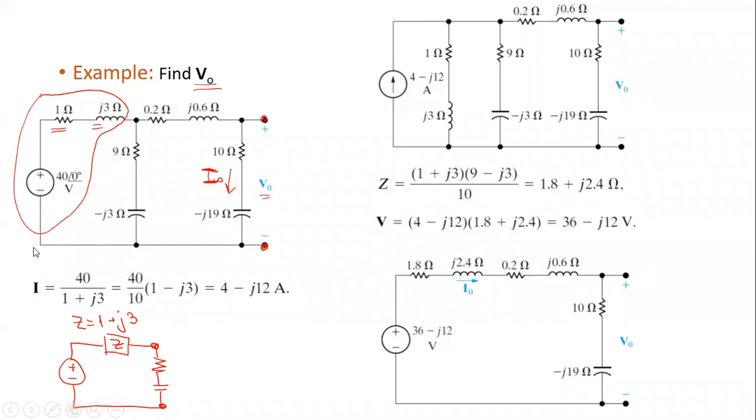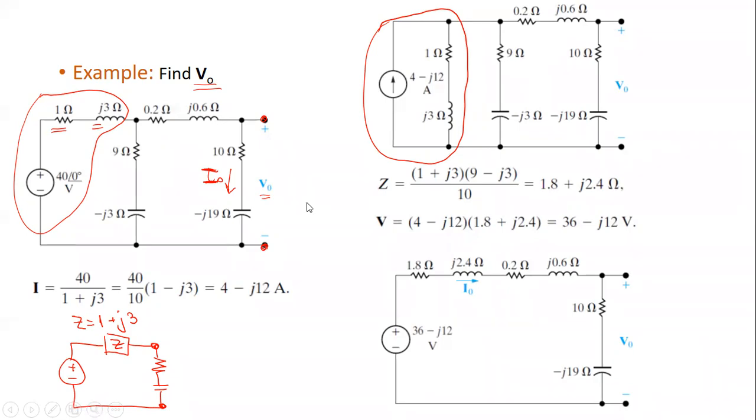Now I want to convert this into a current source with the same impedance. As you see, the impedance is the same, 1 ohm and 3 ohm as inductive reactance. Here we have 1 ohm resistance, and here is the inductive reactance J3 ohm. We are not changing the impedance. Now the idea is to find the current source value.